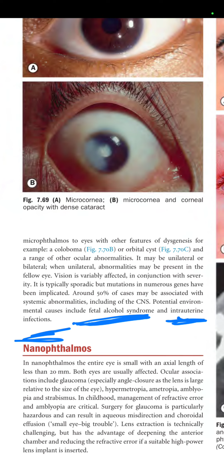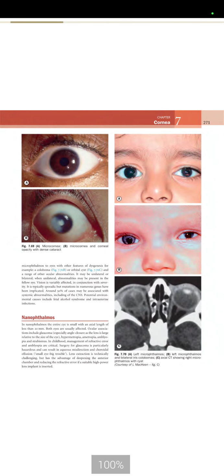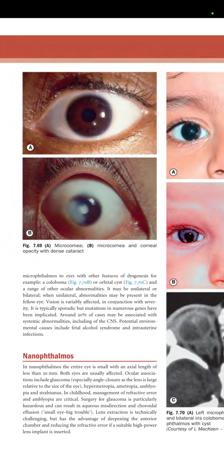So, basically, a microphthalmic eye is going to be short, but it can be associated with complex orbital features like coloboma or orbital cyst, and it is usually sporadic.